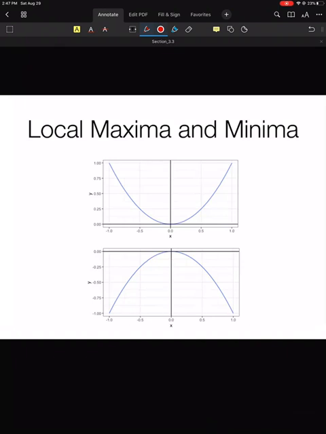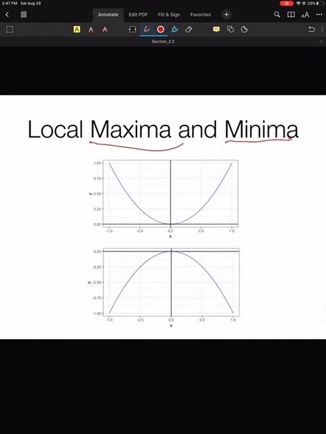Let's look at two different functions here. We're looking for some minimum point and some maximum point on the graph, and there can be more than one.